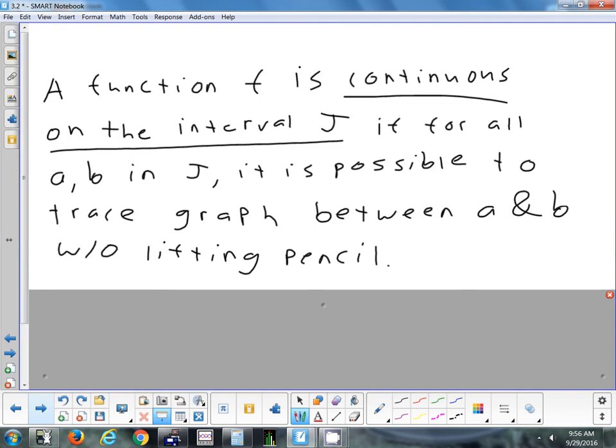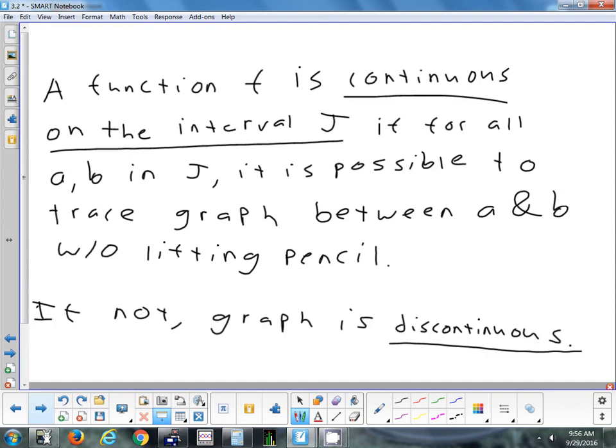If I can, then the interval you just described from a to b is called continuous. If you give me an interval and I have to lift my pencil to get from one part of that interval to the other, then that's called discontinuous.